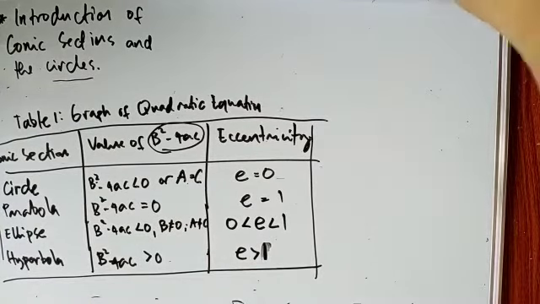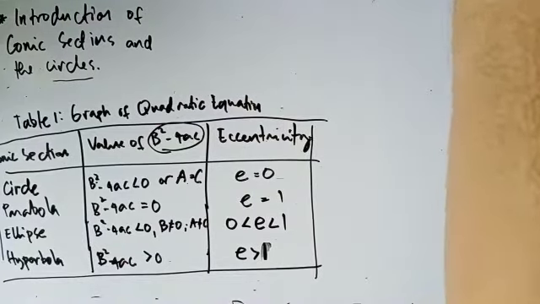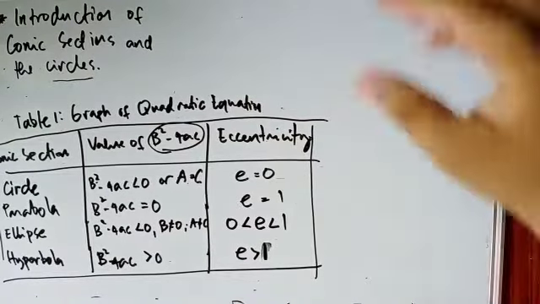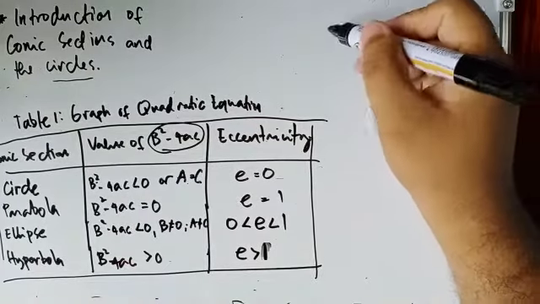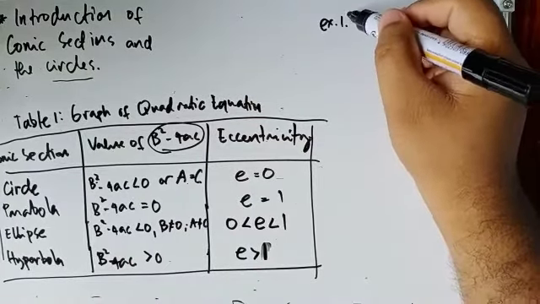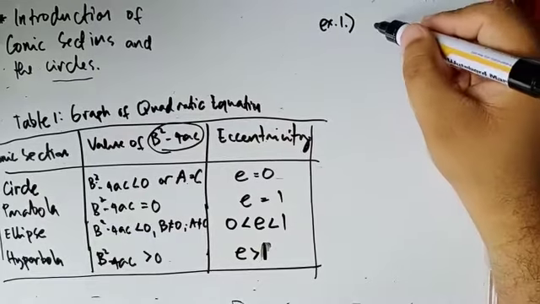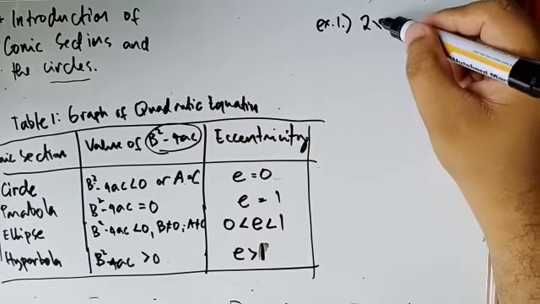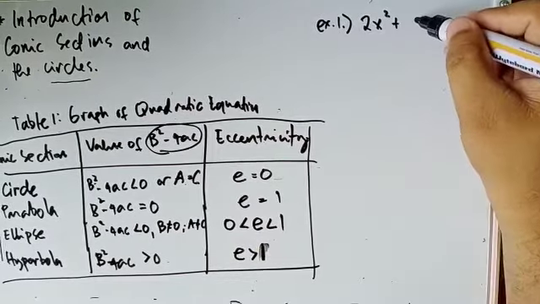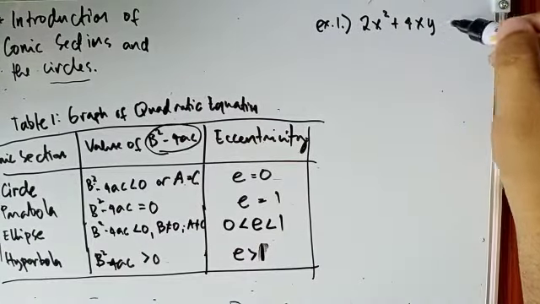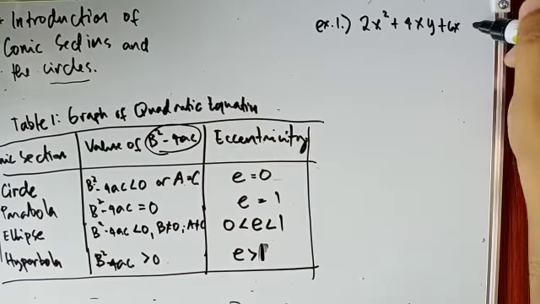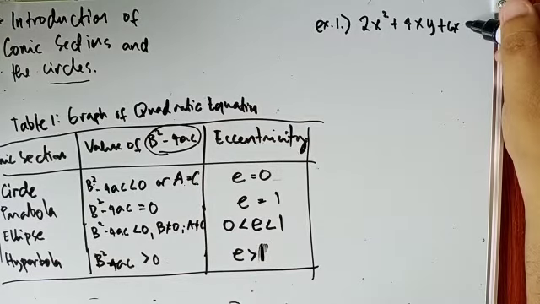Sige, let's have the application of that one. Paano siya i-apply? Now, let's say for example, number 1. So, we have here an equation which is 2x squared plus 4xy plus 6x... ang haba.